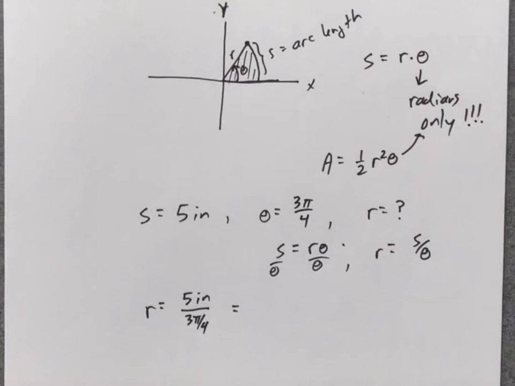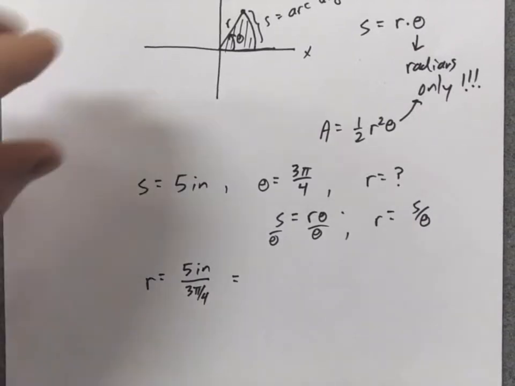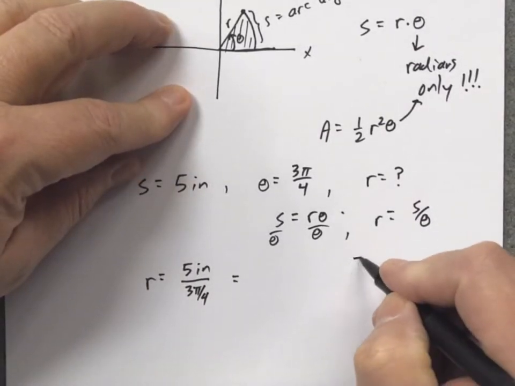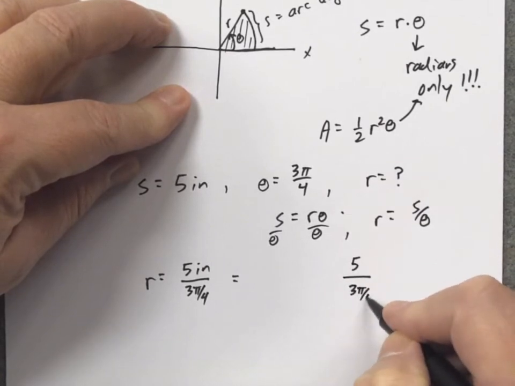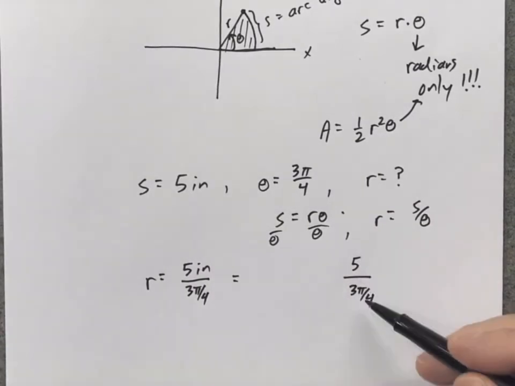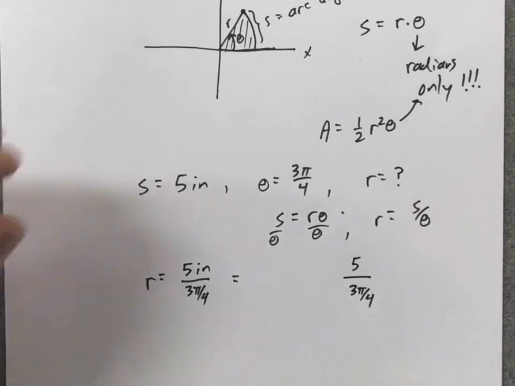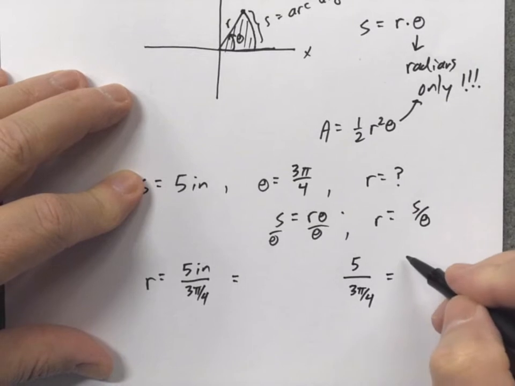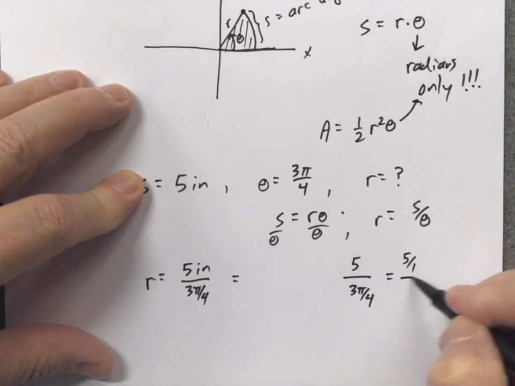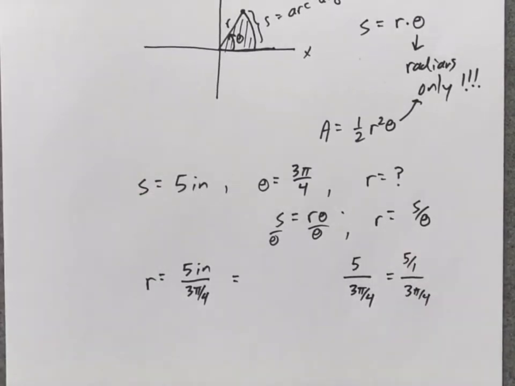Now here's another algebra problem. This is called a complex fraction. Let's do a quick review of how we would simplify this. Here we have a number over a fraction. Other times you might have a fraction over a fraction. It's simplest if we make it a fraction over a fraction, so I'm going to change 5 to 5 over 1.